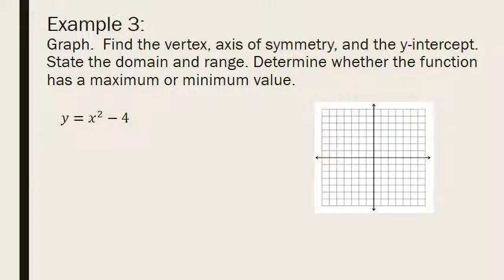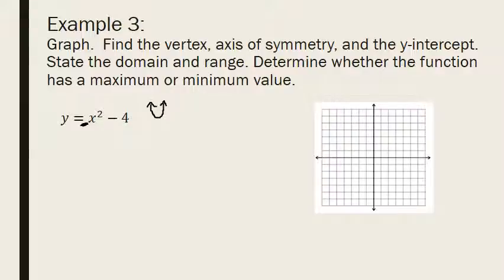Okay, find the vertex, the axis of symmetry, the y-intercept, state the domain and range, and determine if it has a maximum or minimum. Well, let's first look here, and because our a, the number in front of the x squared, is positive, it's a positive 1, that means our parabola is going to be going up.